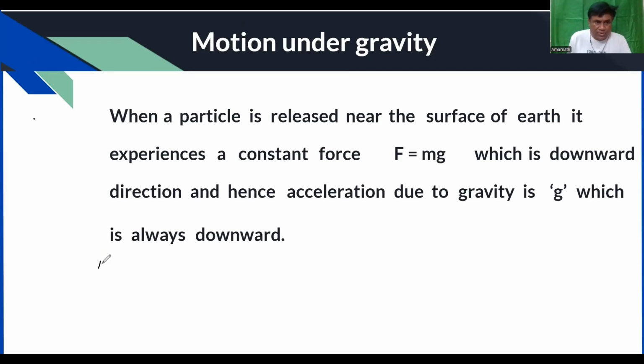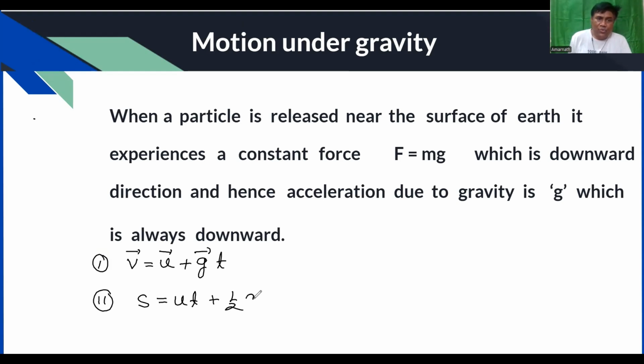Please write down the first equation: v equal to u plus a, no, you have to write g, and it is a vector. Second equation: s equal to ut plus half at square, and in place of a, remember it is again a vector.